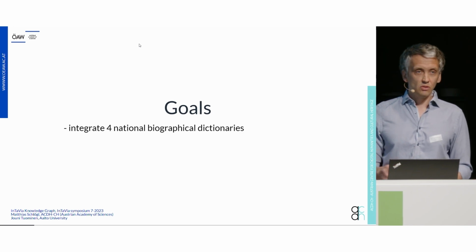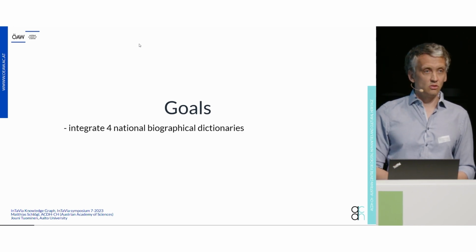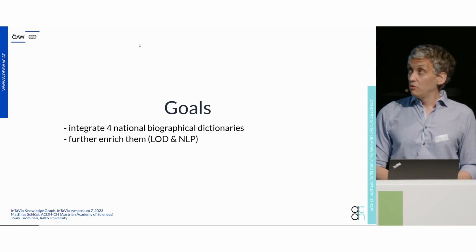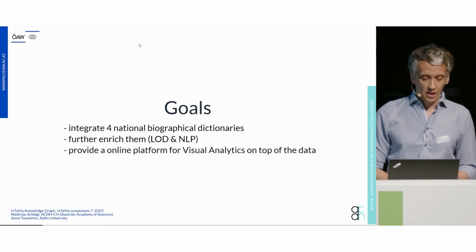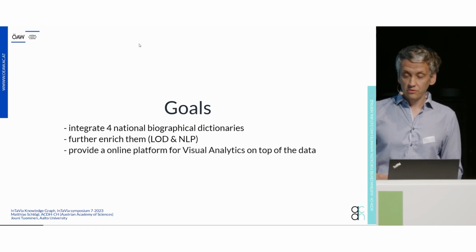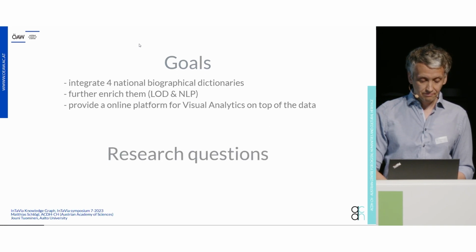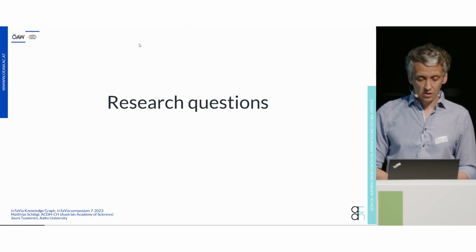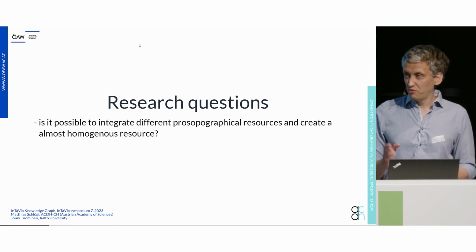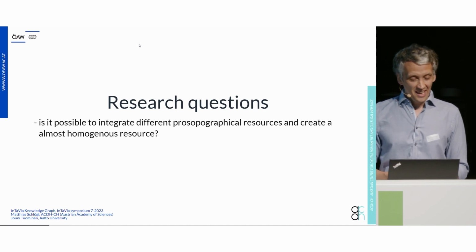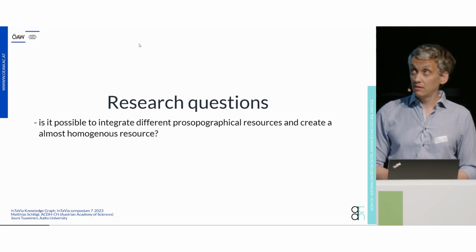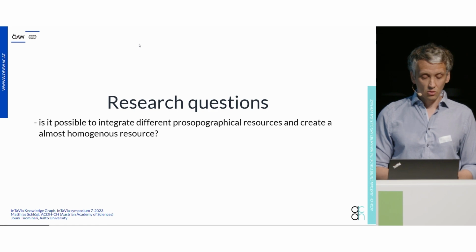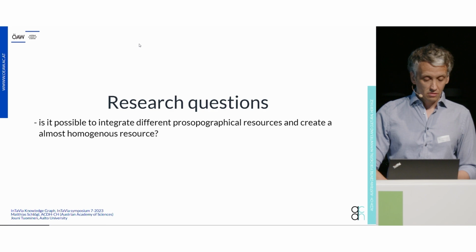The main goal is to integrate these four national biographical dictionaries into one data source, and further enrich that data source with linked open data and the methods of NLP, and then provide an online platform for VA on top of that. Some of our research questions are, the main one for us, for the backend, is if it's actually possible to integrate those prosopographical resources and create an almost homogeneous resource that is valuable for researchers.